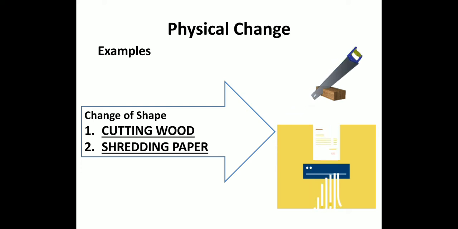Now, change in shape: cutting of wood and shredding of paper. No new substance is formed, only the change that takes place in the shape of the wood and the size of the paper. So, in a physical change, no new substance is formed, only the change occurs in state and shape.